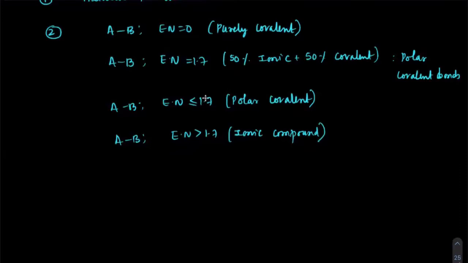I guess this point is clear. Next, we need to check the valencies, how the molecules are formed, and their oxidation states. These are all the cases you need to learn.